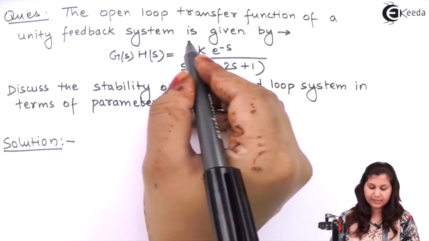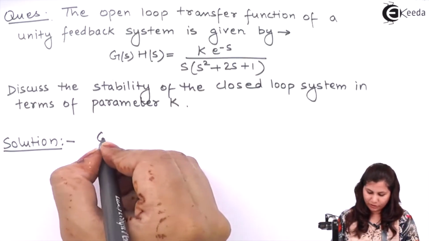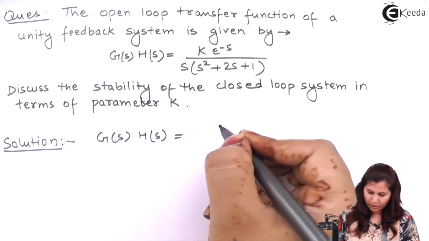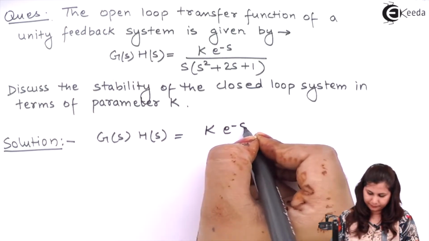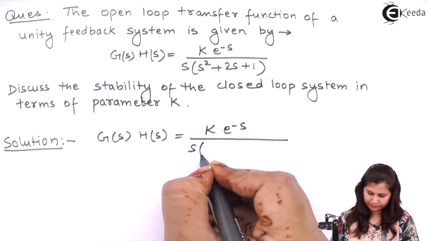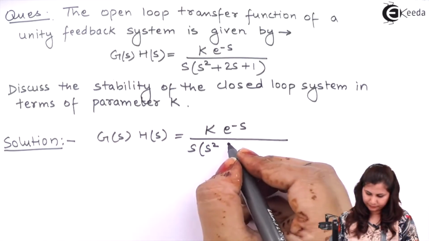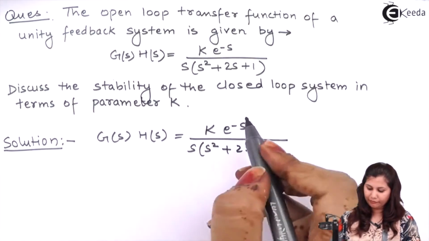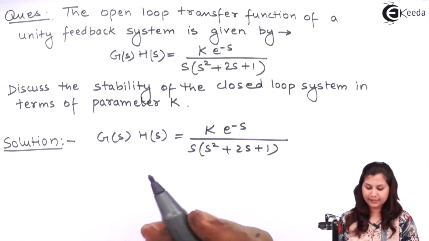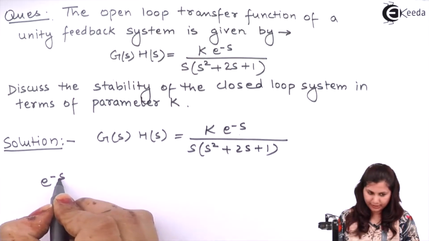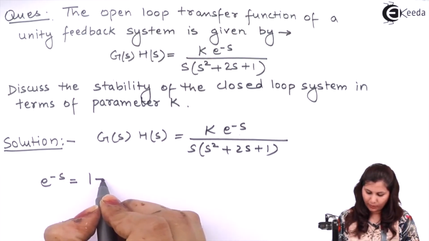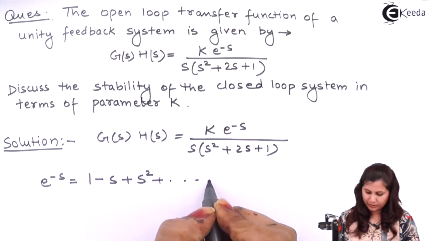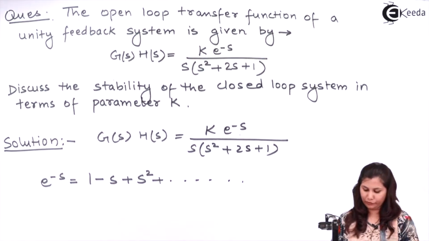We are given this open loop transfer function G(s)H(s). Now, if we see this exponential series, it is given by 1 minus s plus s square, and similarly the higher terms for it.